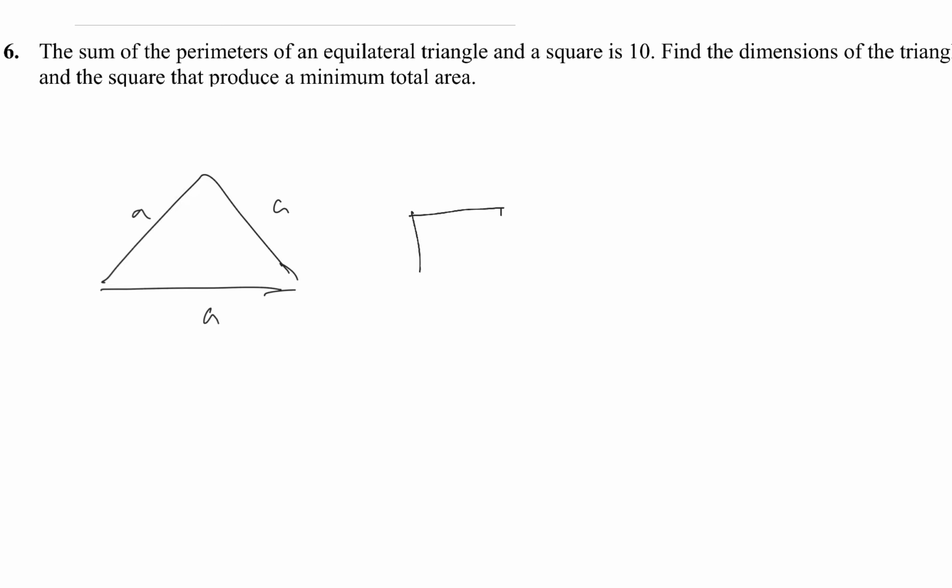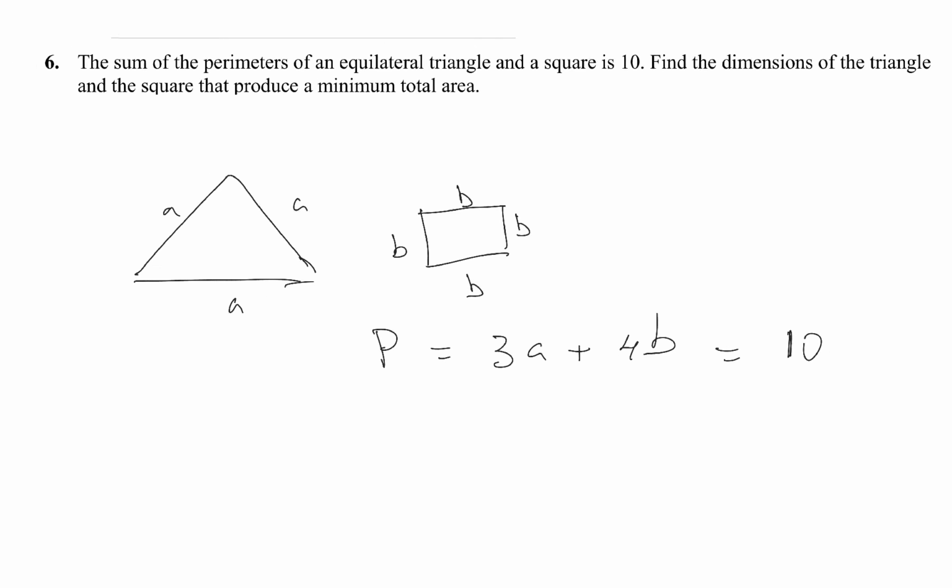The square has the sides B, B, B, B. And it says that the sum of the perimeters is the sum of all the sides. It would be 3 times A plus 4 times B.